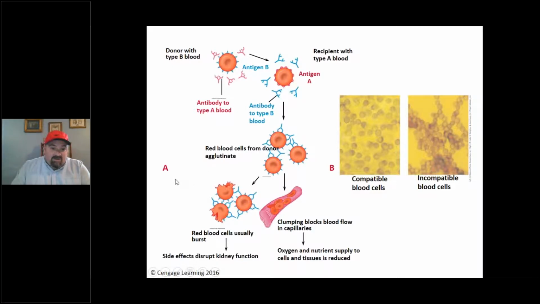Now you'll see here an example of incompatible blood being transfused. You see these little pieces right here? Those represent antibodies. The antibodies are part of the immune system, and they allow for a clumping to take place, an attachment between cells that are non-self, so that they all stay grouped together, so that the macrophages can come along and take care of them via phagocytosis, a form of cell eating.